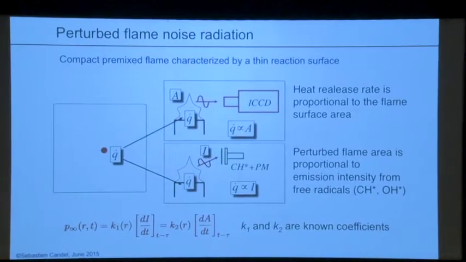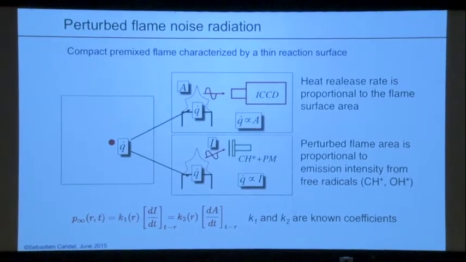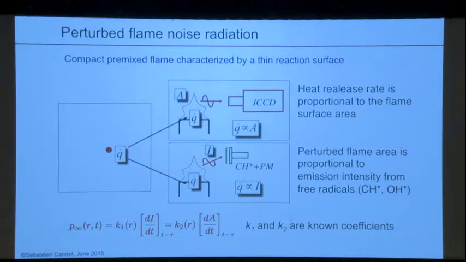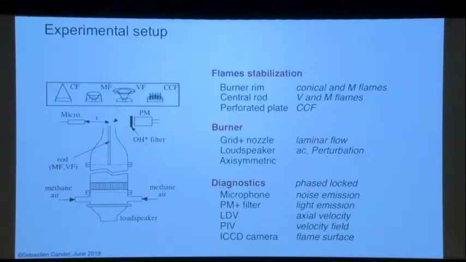So you can measure the area using a camera, and from the area you can calculate the heat release rate. And using microphones, we can now do that on simple flames.